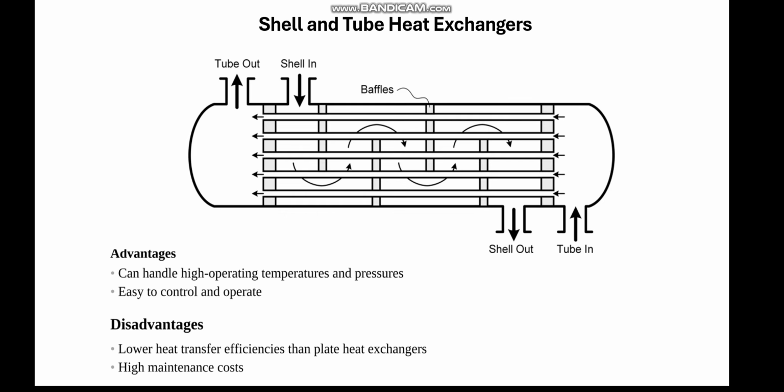The surface to volume ratio is small, and they are very hard to maintain, because when some fouling is developed, like when there is some scaling on the inner side of the tube, they are very hard to clean.